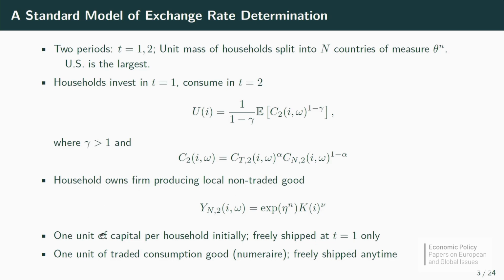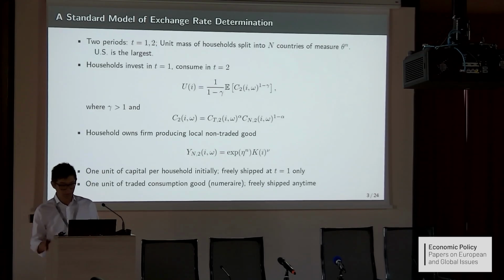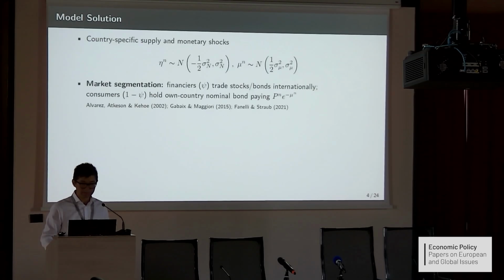Each household is endowed with 1 unit of capital initially. It's freely shipped around in the first period, invested, installed, and used in production of the non-traded good. Traded goods are endowed and homogeneous across all households and countries. They're freely shipped around at any time, and they serve as the numeraire in this economy.